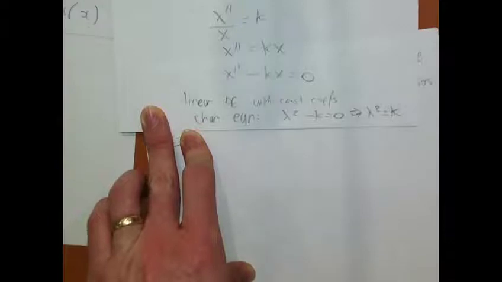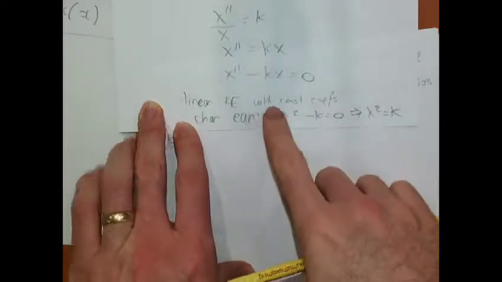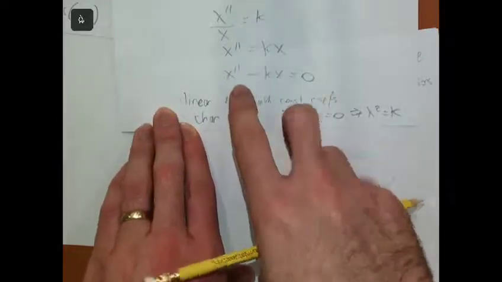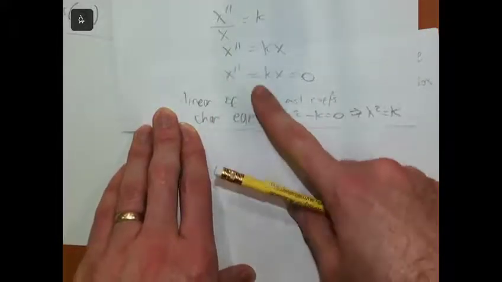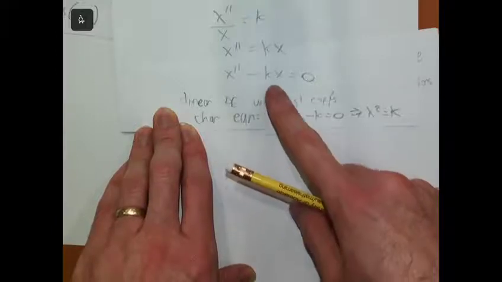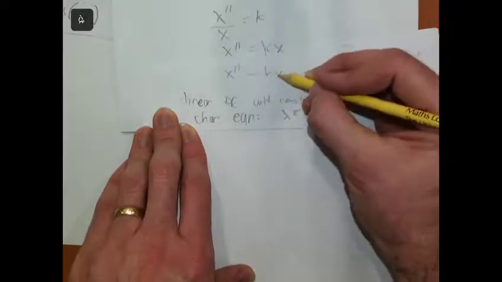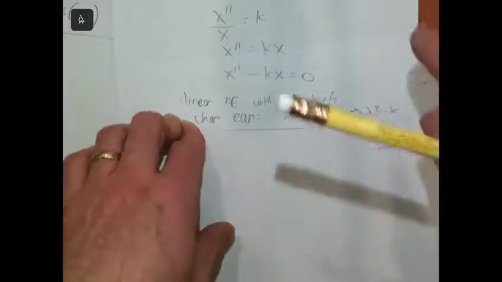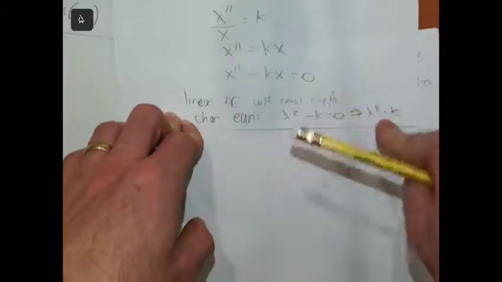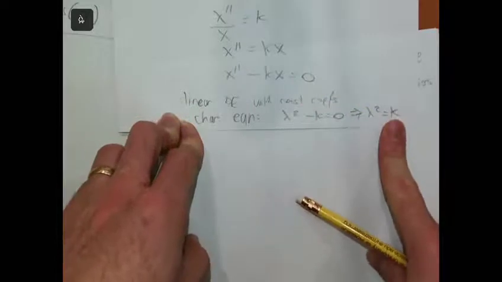Right. So when you get a linear DE with constant coefficients, the double dash ends up being a lambda squared, the single dash is a lambda, but there isn't one. And the original function becomes just a constant, and so we end up with that. And when I solve that, I get lambda squared equals k. I am not going to finish solving that at this stage, because depending on what k is will change how many answers there are.